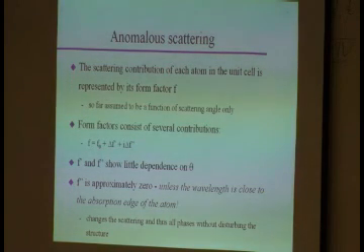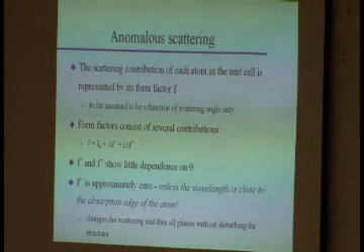Now, what does that mean? That means you change your wavelength, you change that one, which really means you change that one, right? Now, if I change the wavelength, I still have an isomorphous crystal, because it's the same crystal. Nothing has changed about the structure of that crystal.